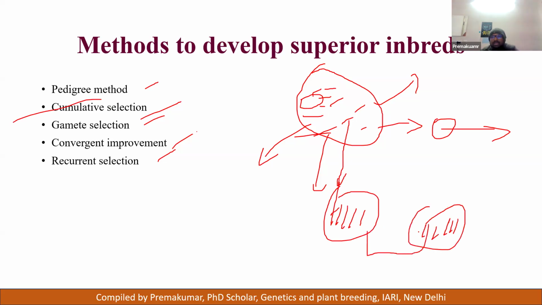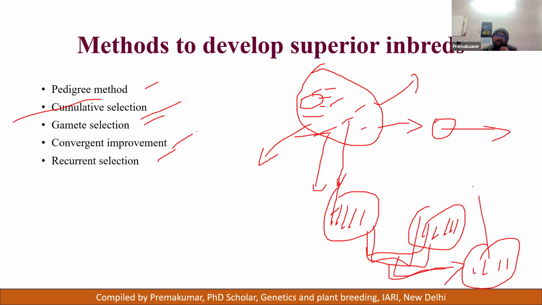Then we are again crossing between the families, creating segregation again, and selecting again. That means you are accumulating all the desirable genes into a population, then choosing a plant and doing selection. You conduct a pedigree, create families, select between and among the families, cross between the families, again select for the superior line, then continuously self, and develop an inbred.